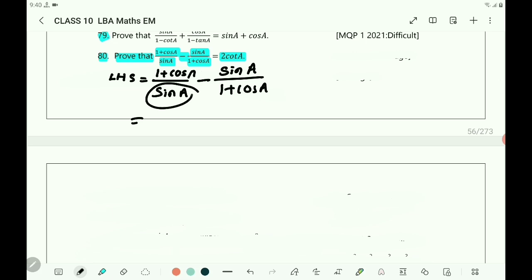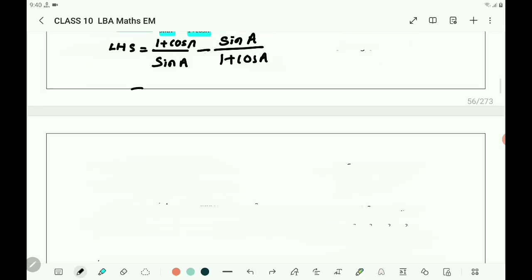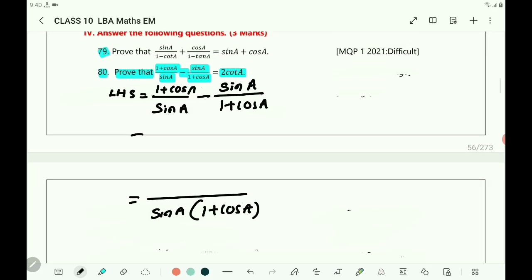LCM is the product of sin A and 1 + cos A. Let us write the LCM: sin A into (1 + cos A). Now in the numerator, (1 + cos A) is to be multiplied by (1 + cos A), and sin A is to be multiplied by sin A, because the product of these two is the LCM.